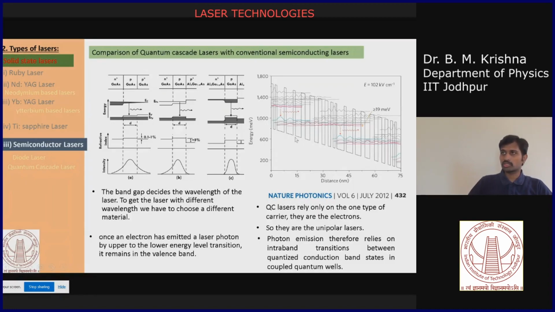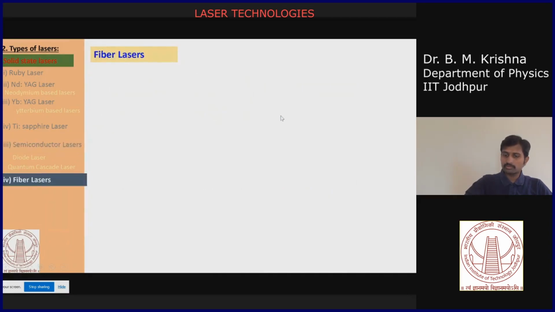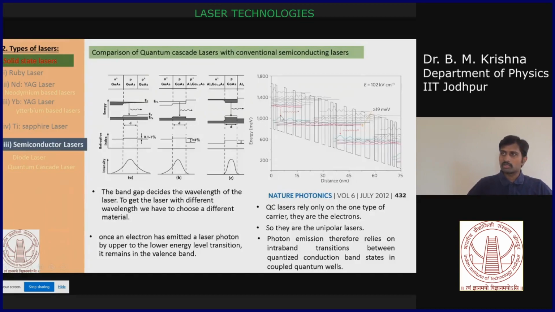So there are different active regions where the lasing condition is met. Now if you see, lasing is taking place in these three bands. In this case you have the active region of this one.